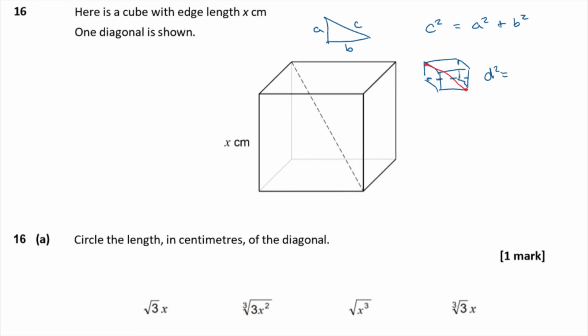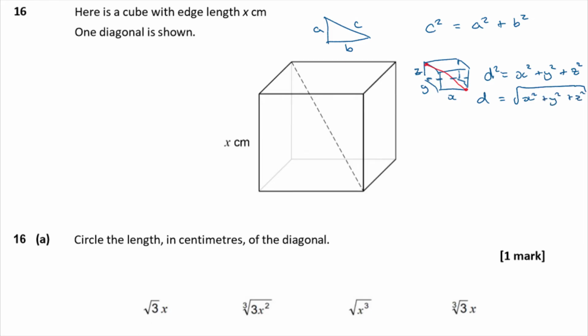So let's say this cuboid had length x, width y, height z. Then d squared would be x squared plus y squared plus z squared, or d is equal to the square root of x squared plus y squared plus z squared.